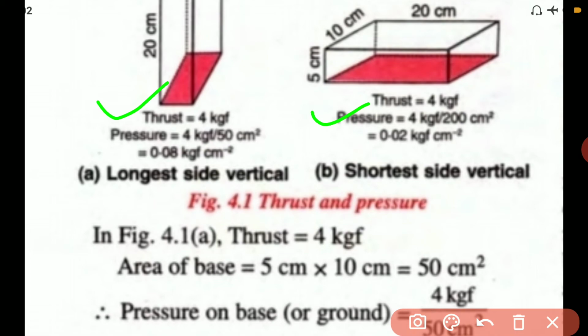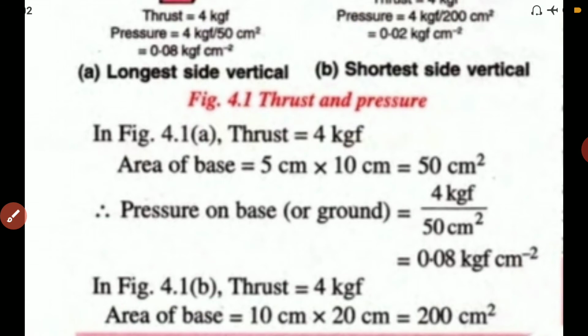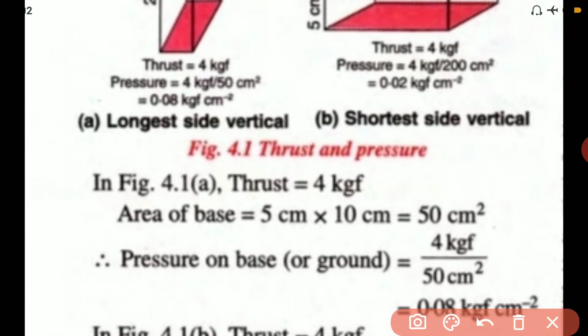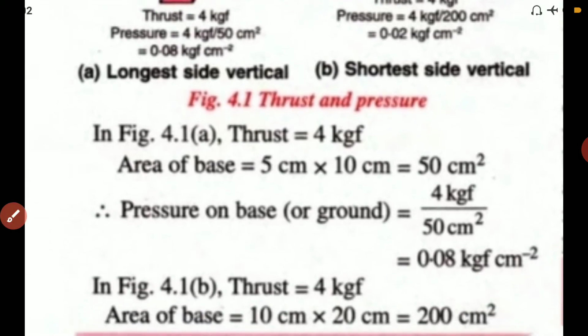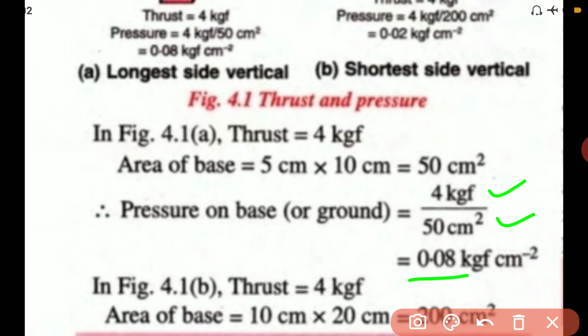In figure 4.1a, thrust is 4 kgf as in the question, and the area of the base will be 5 into 10 centimeter, which is 50 centimeter square. Then pressure on the ground will be thrust by area, so after calculating we get 0.08 kgf per centimeter square.